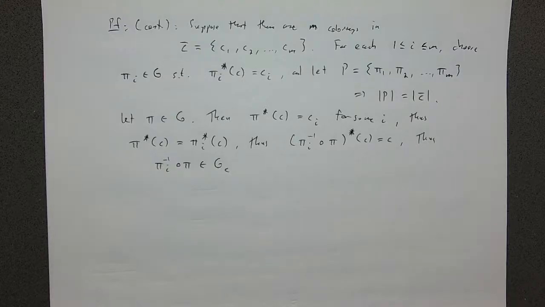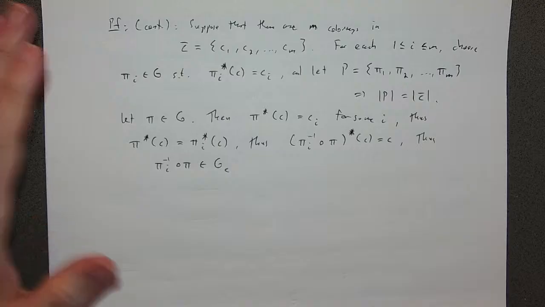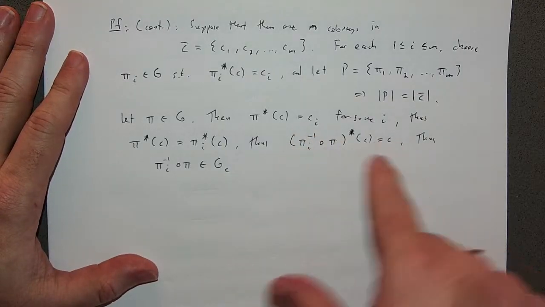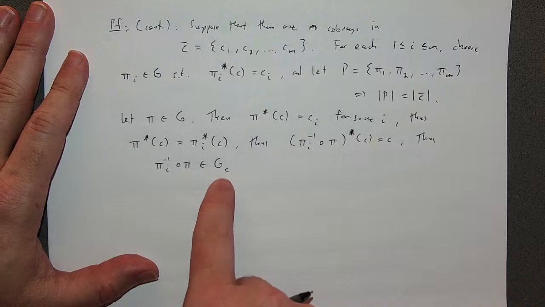They're always one-to-one and onto. We used that fact to get an object that fixes this coloring C, but that means it's in the stabilizer.